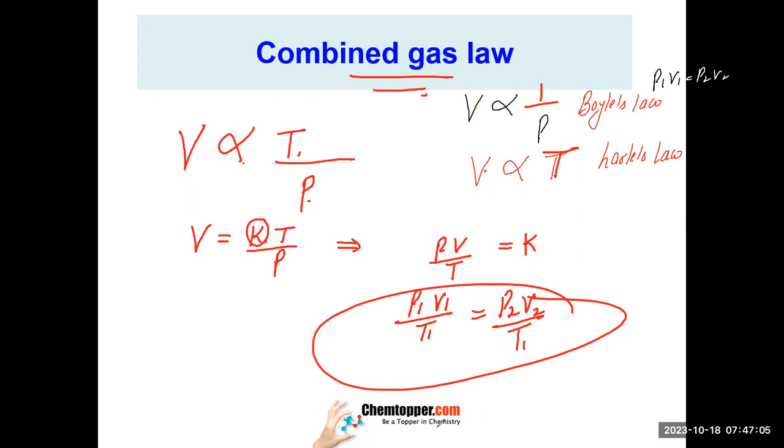Read this question. Children, it's a lengthy question, so I will help you. They are talking about a bicycle tire filled with air. Pressure is 75 psi. You remember psi, pound per square inch?